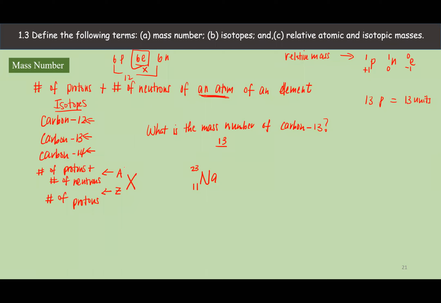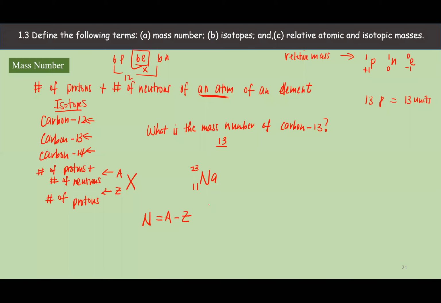The smaller of the two numbers, usually the bottom one, represents the number of protons, and the top number represents the number of protons as well as the number of neutrons. Therefore, if you want to find the number of neutrons, which we call n, it's equal to the top number subtract the bottom number.